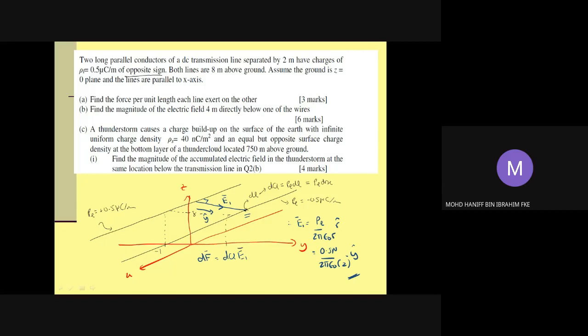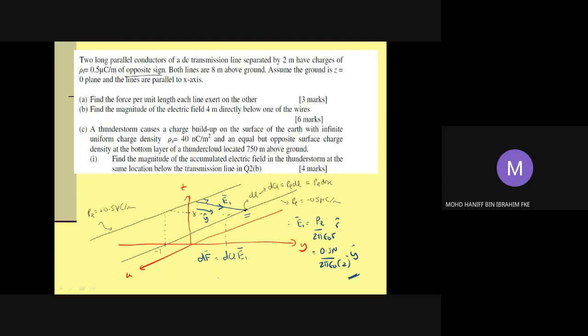I repeat, this dF is the amount of force produced by the E field intensity E1 on the charge dq, which is the charge on this dl element. So that should be the dF.